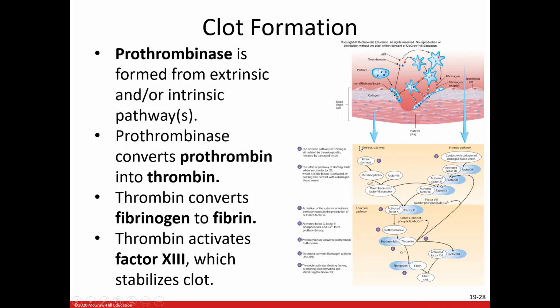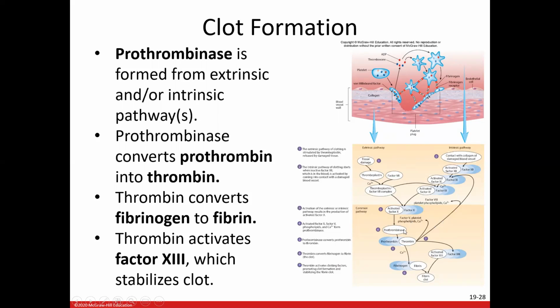So an extrinsic pathway just means that there are chemicals coming from outside the blood vessel stimulating the prothrombinase to be produced. Or you can have what's called an intrinsic pathway, which is where there are chemicals inside the blood vessel that are contributing to prothrombinase being created. Either way, we have either an extrinsic pathway or an intrinsic pathway, which ultimately lead to the formation of prothrombinase. That's what I'm circling right here, number 4.